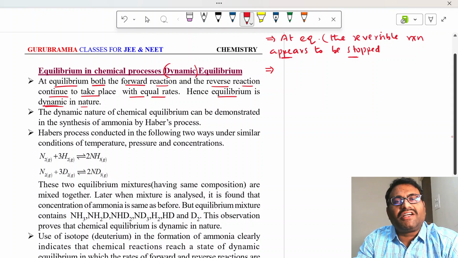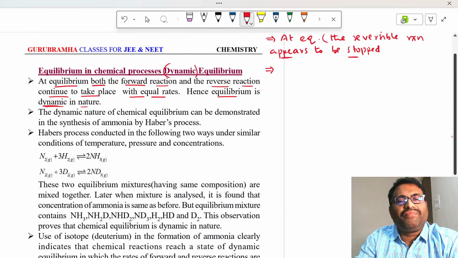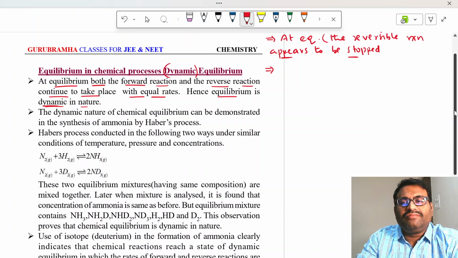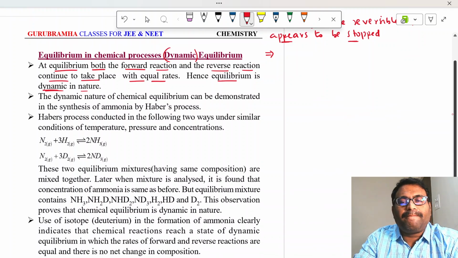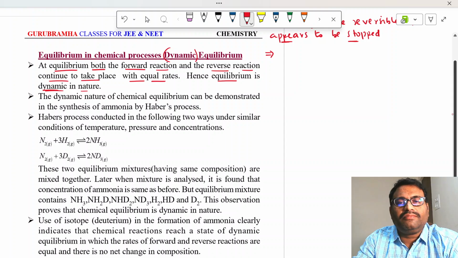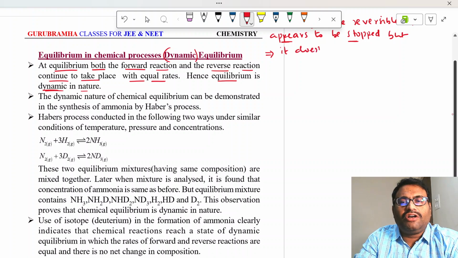That is the reason why it is called dynamic. Chemical equilibrium is dynamic in nature because both forward reaction and backward reaction continue to take place with equal rate. That's the meaning of dynamic.